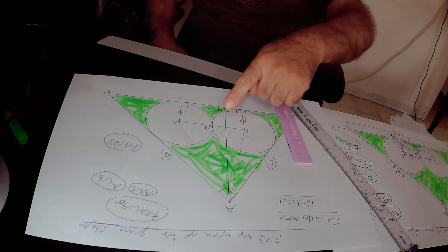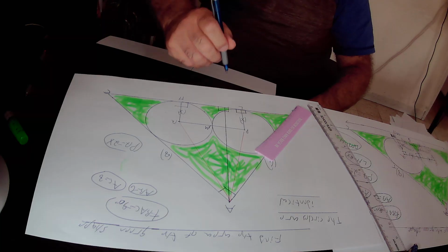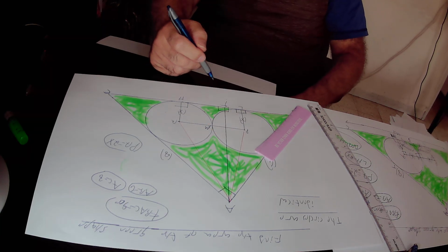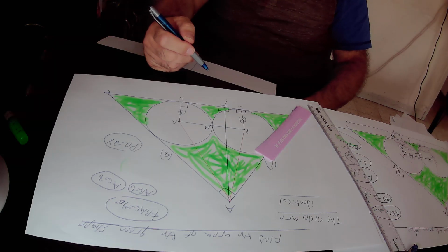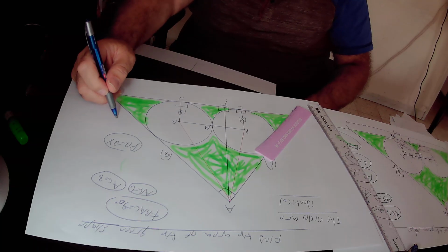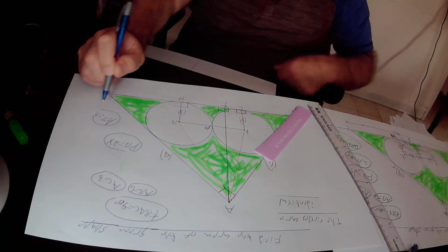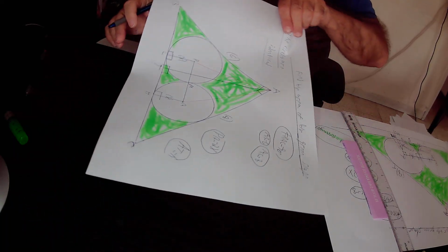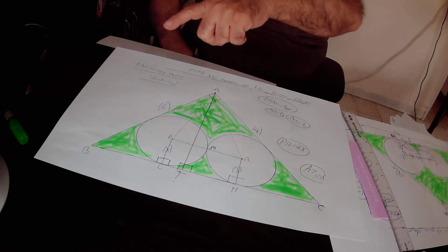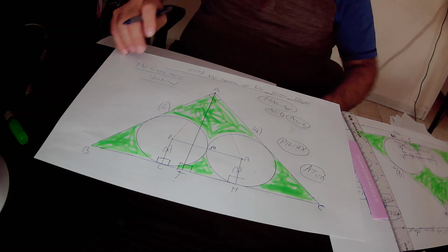We define the touching point of the perpendicular from point A and BC as point T. So actually, AT is the height to the base of triangle ABC. We define AT equals H. Perpendicular AT is the height to the base of triangle ABC, and it equals H according to our definition.